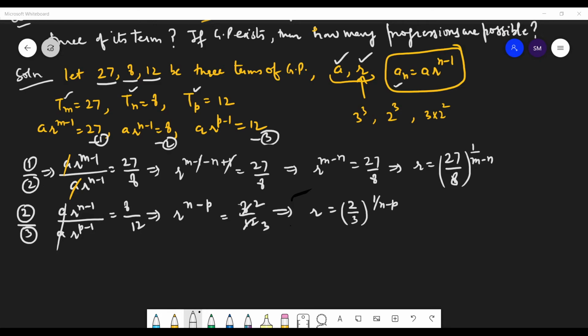You are multiplying with the same exponent on both sides. This will cancel out. Agreed? So what do we get? 3 raised to the power 3n minus, this is 2n.